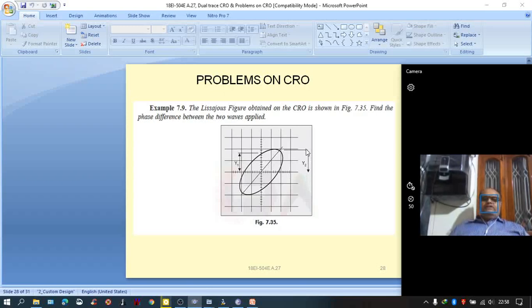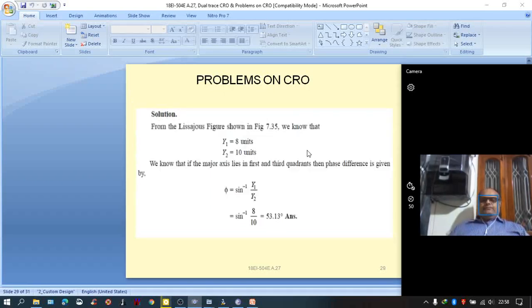So y1 by y2 is 8 by 10. So the angle phi is sine inverse of 8 by 10, that is 53.13 degrees. So this is how we have to measure phase angle and frequency using a Lissajous pattern.